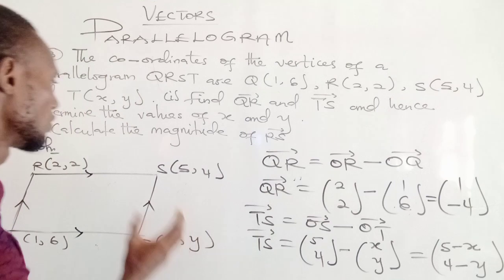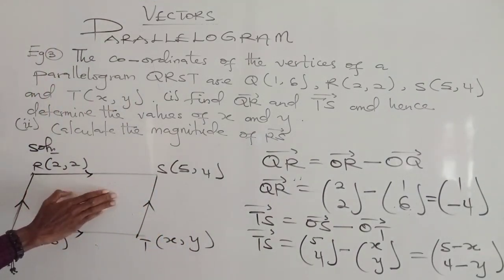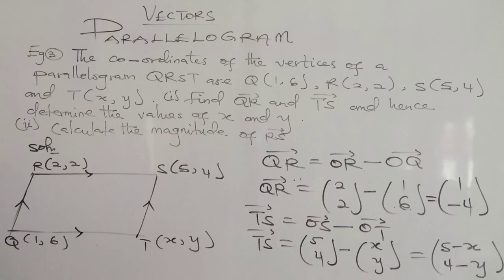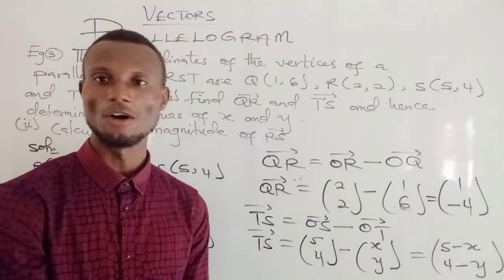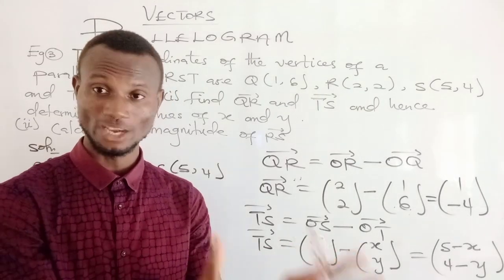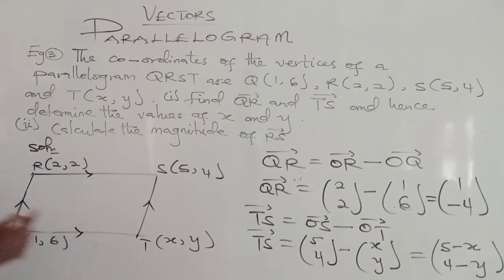Now, when we come to the parallelogram that I have on the board, the diagram, you can agree with me that we've already established that the two opposite sides of a parallelogram are equal. So this side is equal to this side, and also this side is equal to this side.